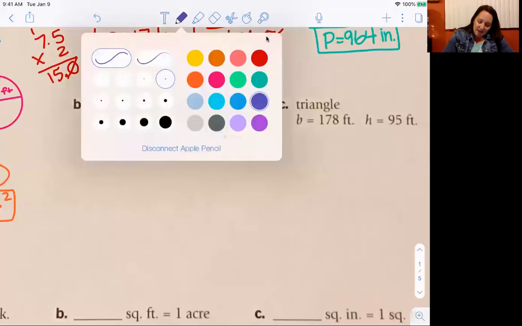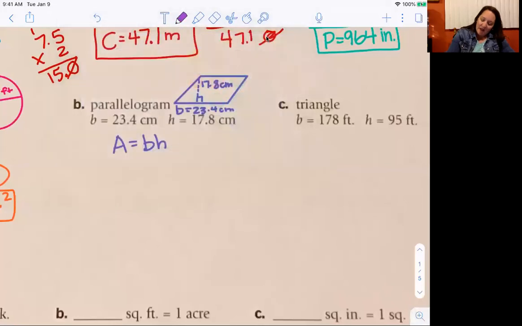And then let's look at letter C. We have a triangle. We have a base on this triangle of 178 feet and a height of 95 feet. What is the formula for the area of a triangle? Area equals 1/2 times base times height.